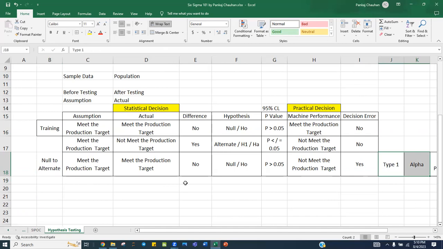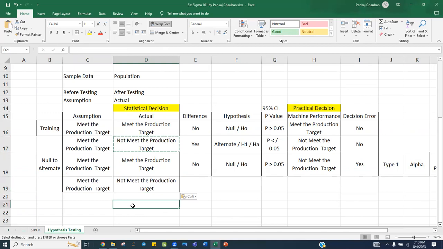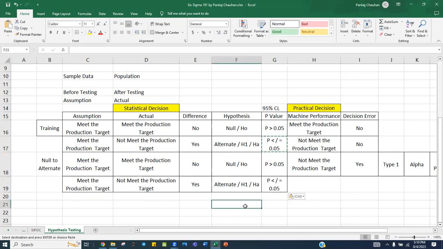The opposite case of that: you have an assumption that you will meet the target, and actually your machine is not working in a way to meet the target. It may need further maintenance or something else. So there is a difference between your assumption and the actual. This is the case of the alternate hypothesis, and the p-value here will be less than or equal to 0.05.